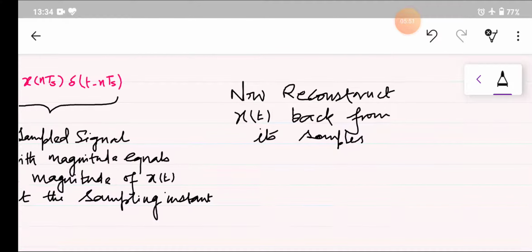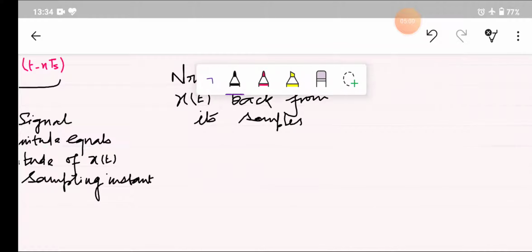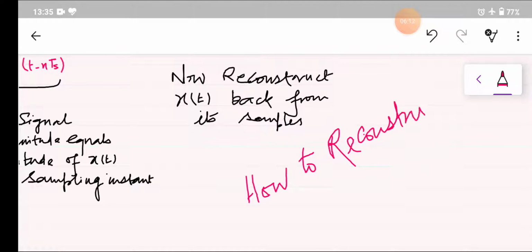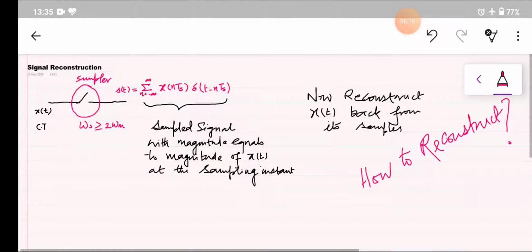So the signal x(t) now is going to be reconstructed back from its samples. So how can this be done? This is our main goal: how to reconstruct?